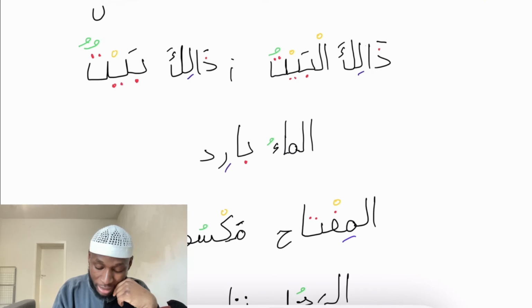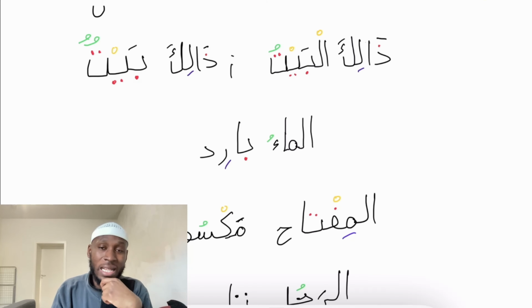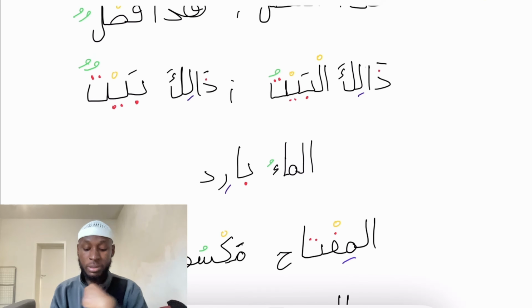We are going from kaf. This is the whole letter kaf. So the dhal with fatha, the alif, the natural madd, the lam with kasra, li, then kaf with fatha, ka. So dhalika. This is how we write it.